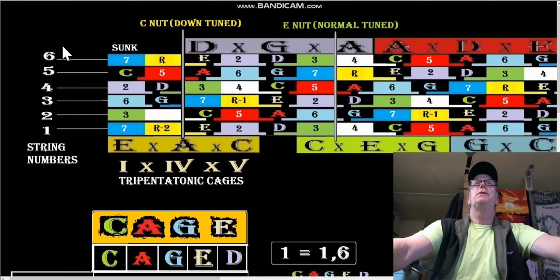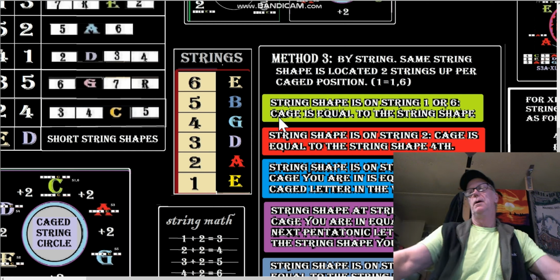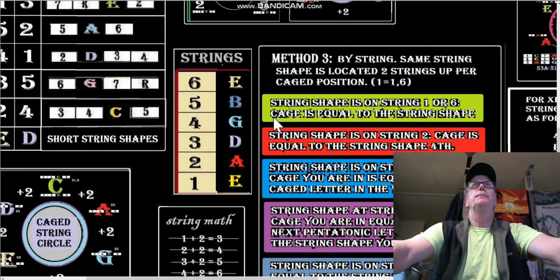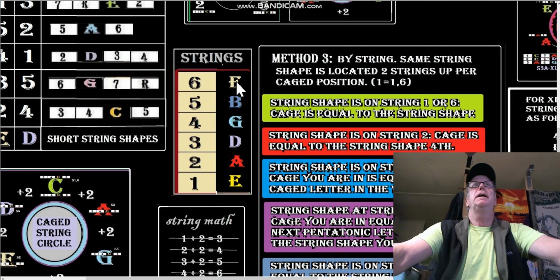So that's the numbering convention. 1 is the low E, 2 is the A, 3 is the D, string 4 is the G, string 5 is the B, and string 6 is the E.